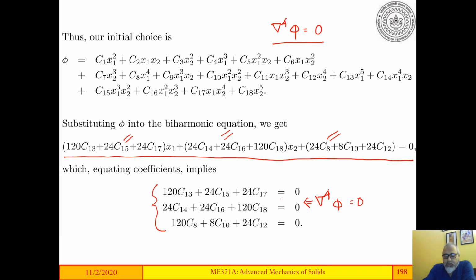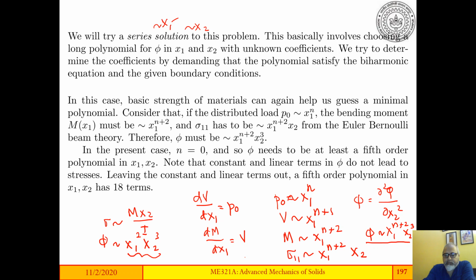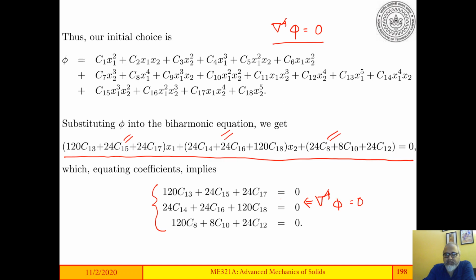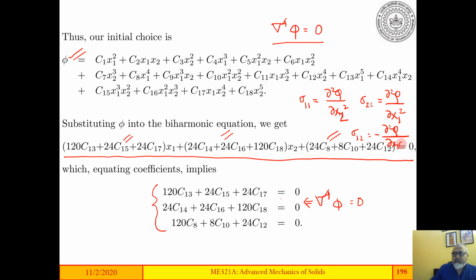Okay. So first, let me substitute this form in order to apply the boundary conditions. This is my chosen form. Let me substitute this form into sigma 1 equal to del square phi by del x2 square, sigma 2 equal to del square phi by del x1 square, and sigma 12 equal to minus del square phi by del x1 del x2.